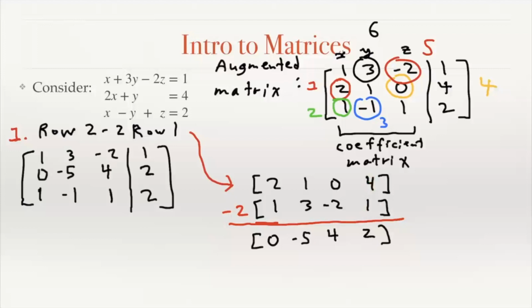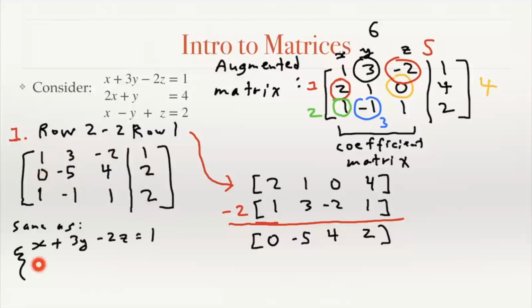Now this should look familiar, and we can always read off an augmented matrix for the system of equations that it is. So reading this off with our knowledge that this is the x, y, and z columns, and this is the constant column. This is x plus 3y minus 2z equals 1.